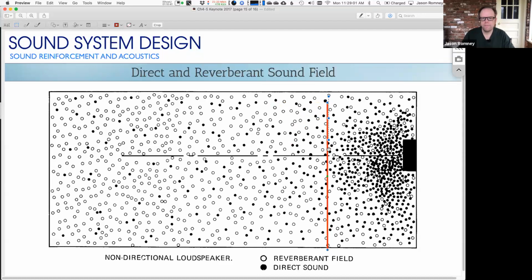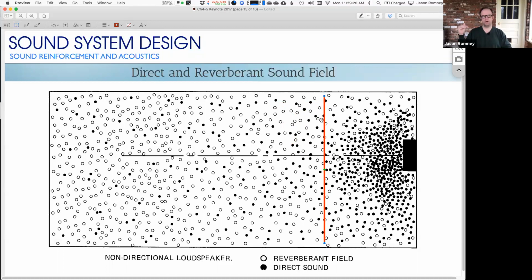It's right around there. Yeah? That's around the area where the number of solid dots and the number of hollow dots are the same. That's my critical distance. So what's important about a critical distance is, in this case, the reverberation is basically noise.